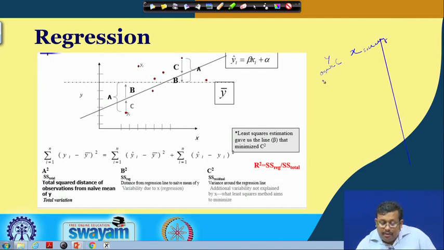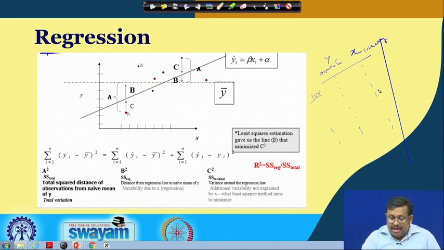Suppose we have 100 soil samples, and for those we have 100 records of organic carbon and 100 records of corresponding clay content. If we want to predict this y, the target variable, using our independent variable x, so that we predict y in terms of x, that is called regression.